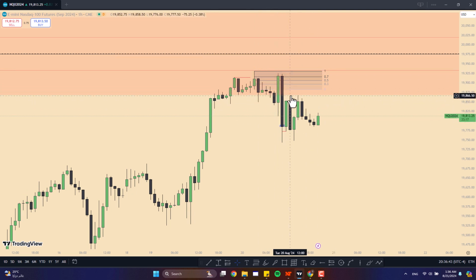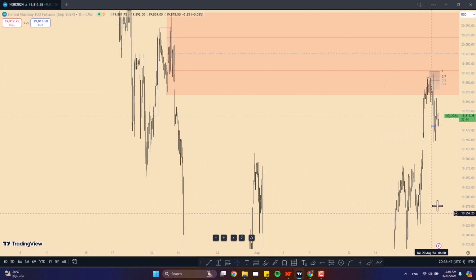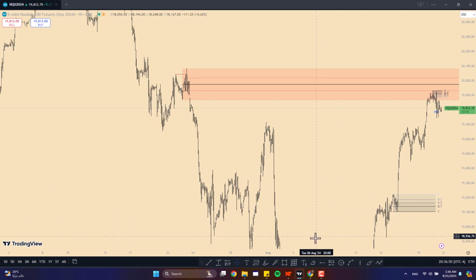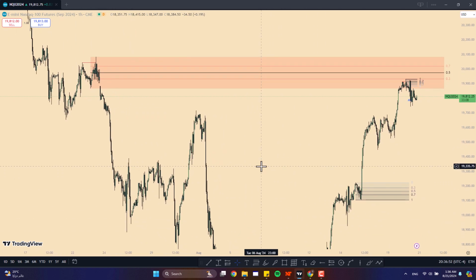What happened on the 1 hour? First of all, let's go back. We have a large zone from this low to this high, and this is the origin of the move, right? So this is the swing point, and this zone is the origin.